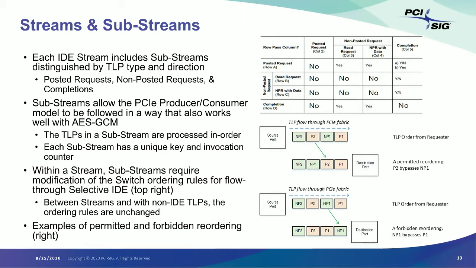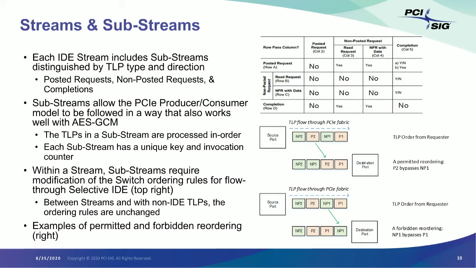What we did instead is we recognized that with certain added limitations, we can actually cause the PCI Express traffic to flow in order, provided that we differentiate the three different flow control classes. So we invented this notion of a substream.